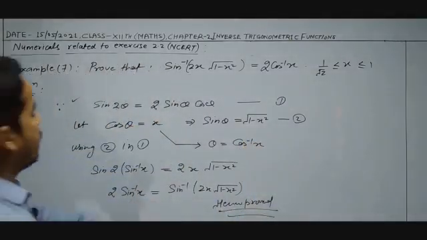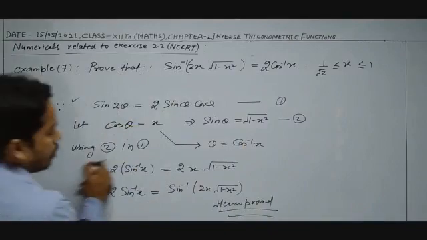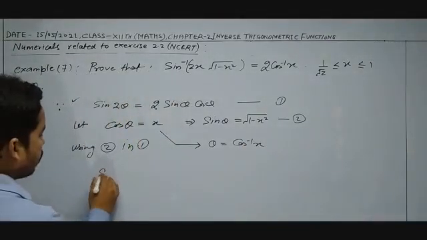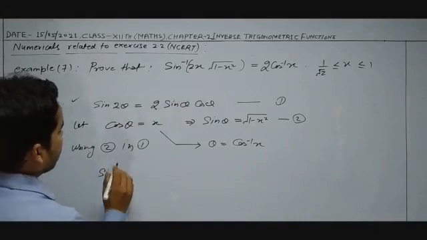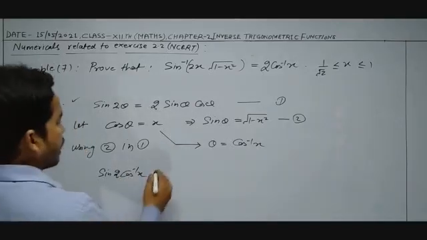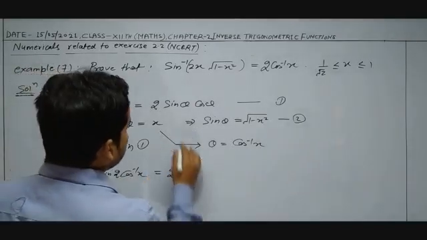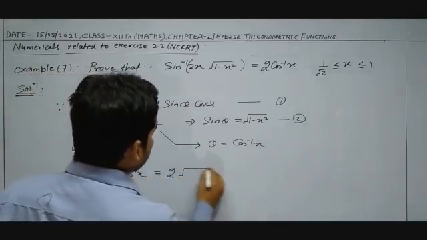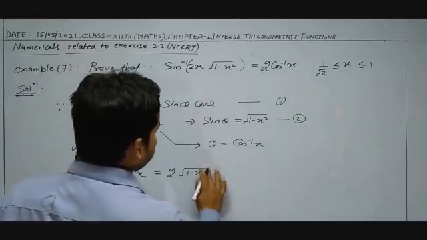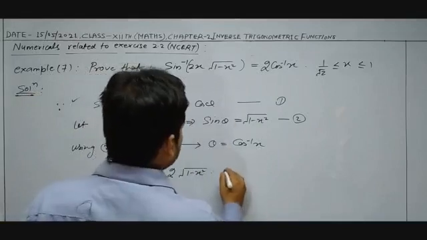So using 2 in 1, that will be sine of 2 times theta, where theta is cos inverse x, is equal to 2 sin theta into cos theta, that is, root over 1 minus x square into cos theta, whose value is x.